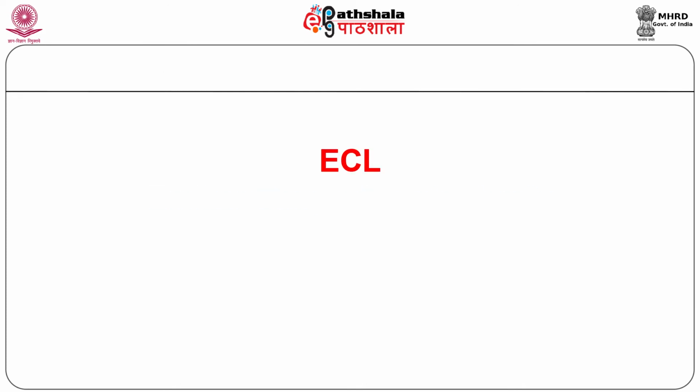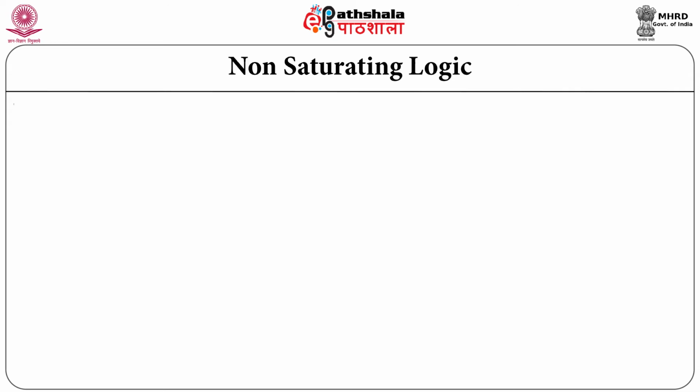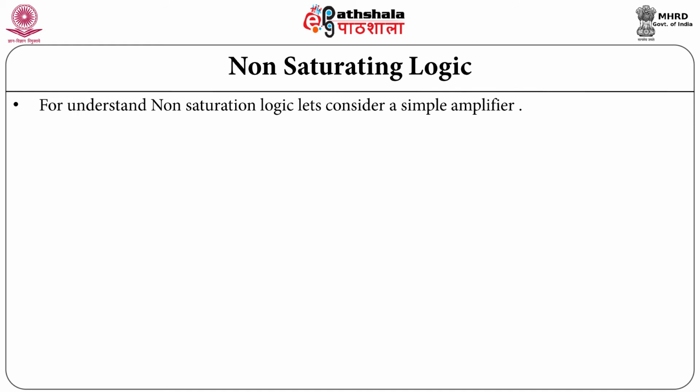ECL, that is emitter coupled logic. It is a non-saturating logic. In order to understand what is non-saturating logic, consider a simple transistor which is used as an amplifier. So, if at the input you give a sine wave, the output is amplified but out of phase.